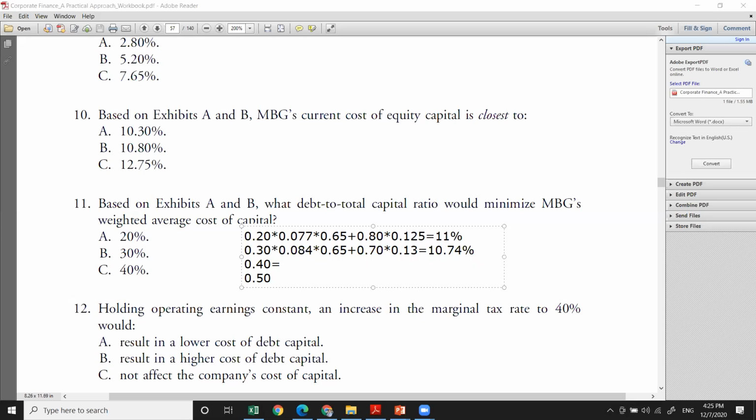If you calculate, I'm not going to write it, let's save some time. With 40%, the WACC is equal to 10.82%. When the proportion of debt to capital is 50 to 50, the WACC is equal to 38%.